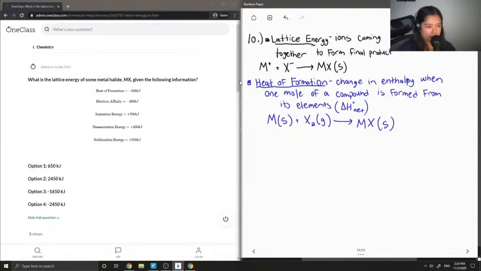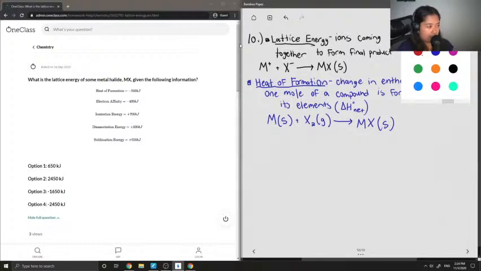So this is what I mean by it's the net of the reaction, because this is basically our final reaction. And all of these little steps are how we would make our final product. Okay, so that's heat of formation.